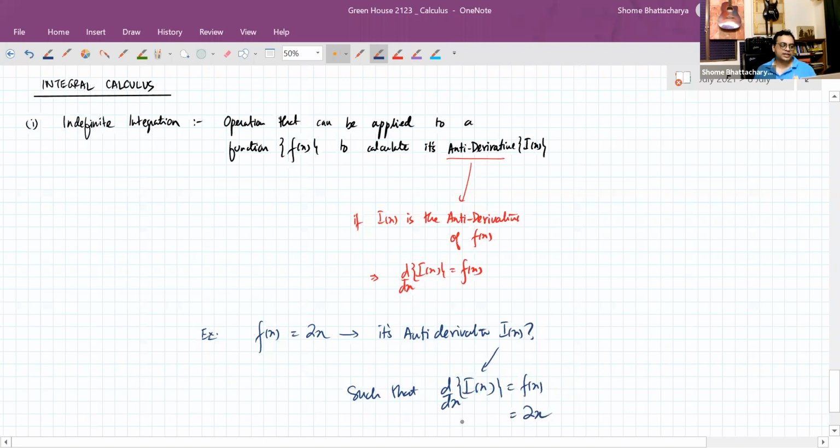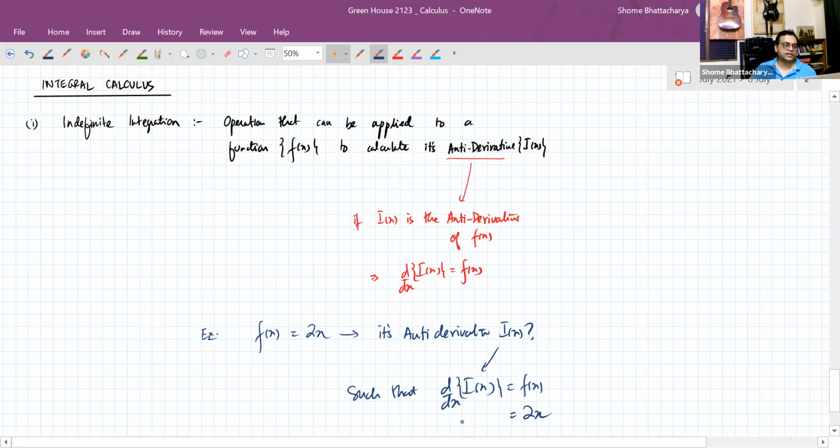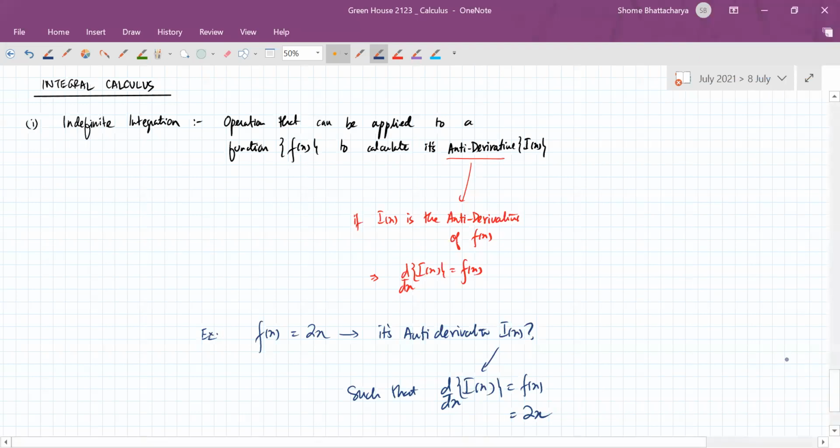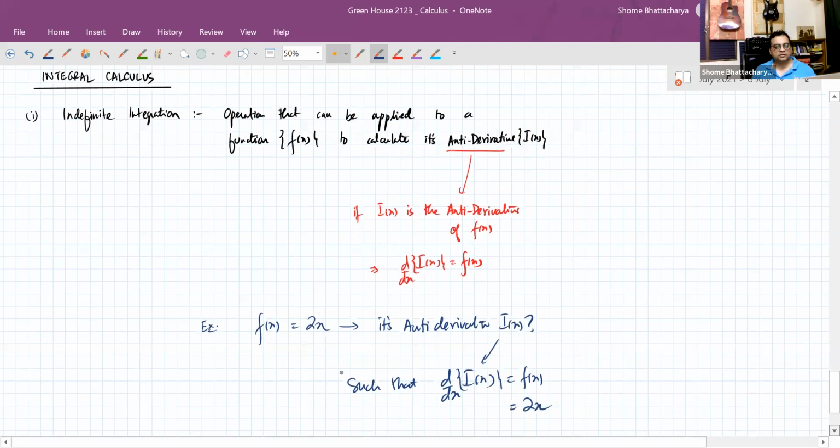Now can you tell me what is I(x)? Just think and tell me. Whose derivative is 2x? X square. Okay, but instead of x square, if I tell you x square plus 5, that's also correct, because the derivative of a constant is 0.